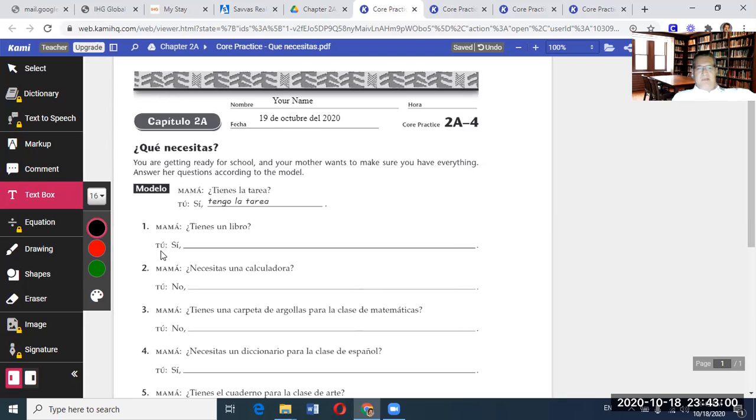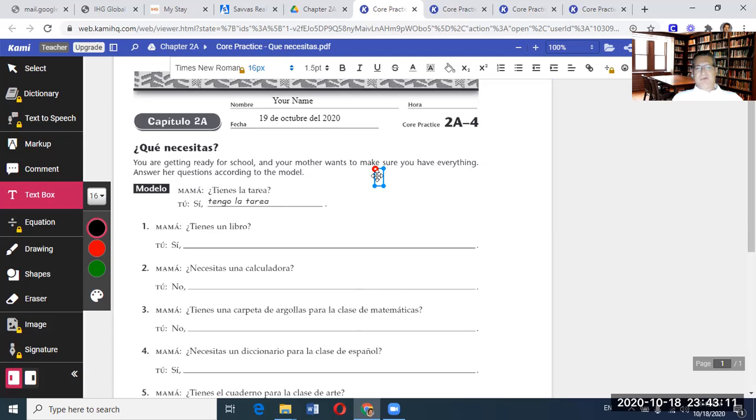So mom and you, mom and you. So, ¿tienes la tarea? Sí, tengo la tarea. Tienes, from the verb tener, it's an ER verb, which means to have.